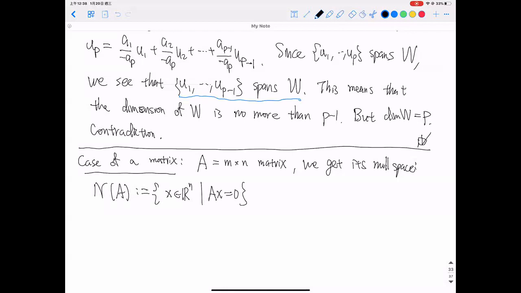Now it's a subspace, so it therefore has a dimension. The nullity of A is this dimension, according to definition.